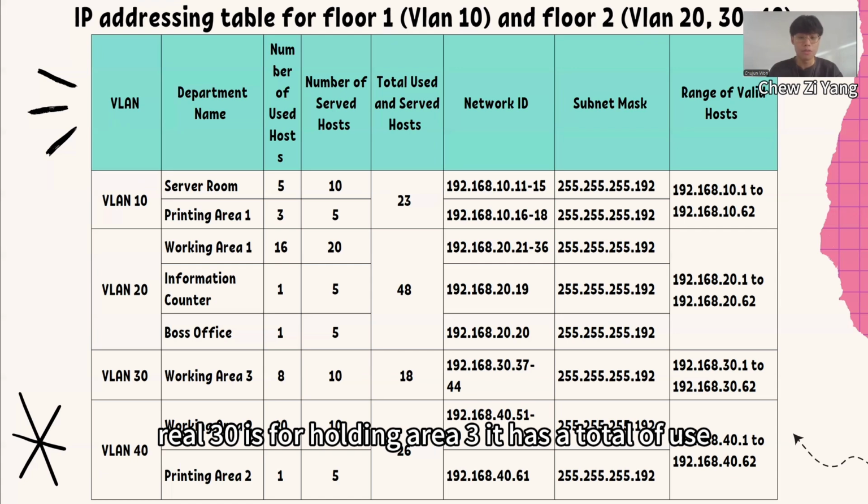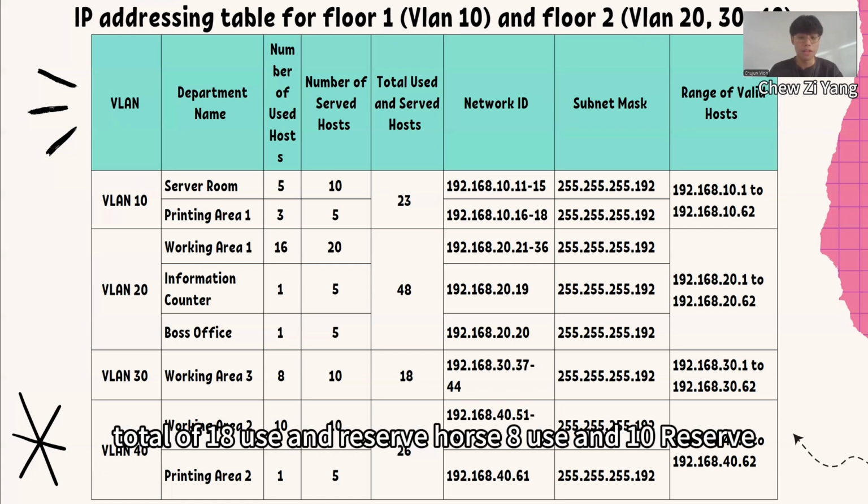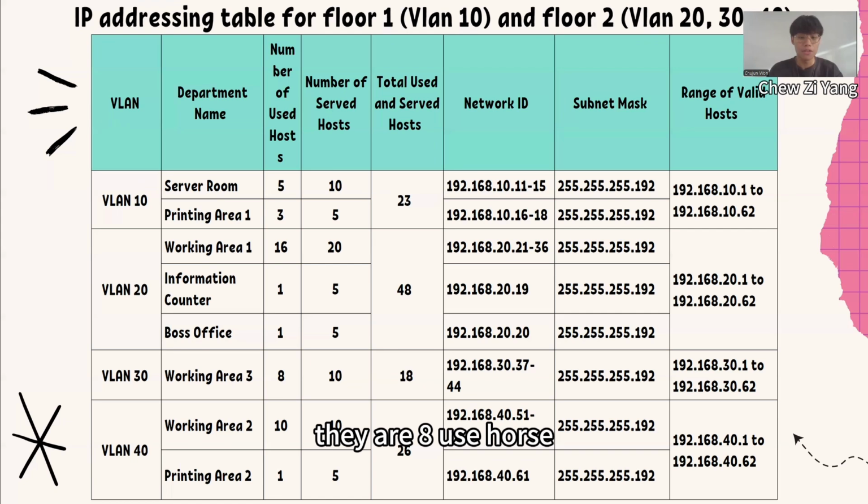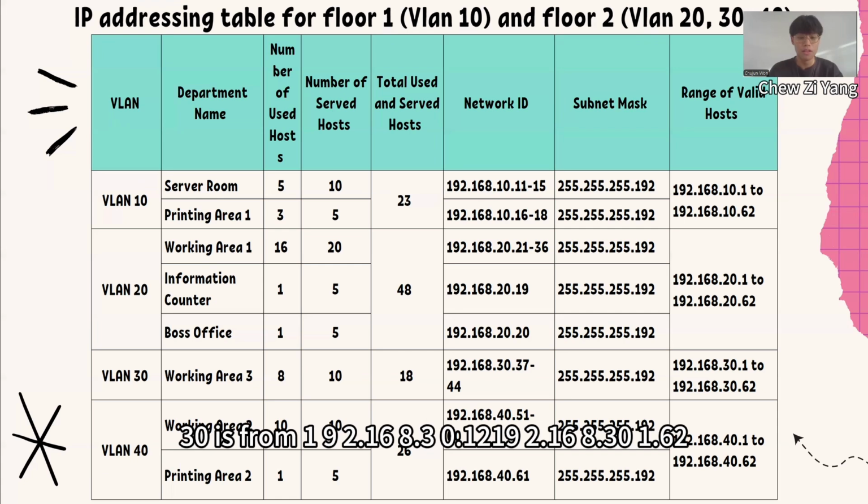VLAN 30 is for working area 3. It has a total of 18 used and reserved hosts, 8 used and 10 reserved. There are 8 used hosts, which include 8 working PCs in that area. The network ID used for VLAN 30 is 192.168.30.37-44, and the range of valid hosts in VLAN 30 is from 192.168.30.1 to 192.168.30.62.